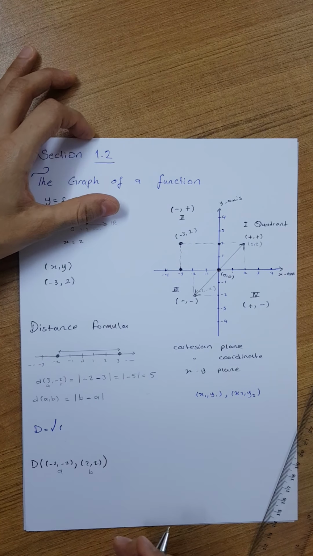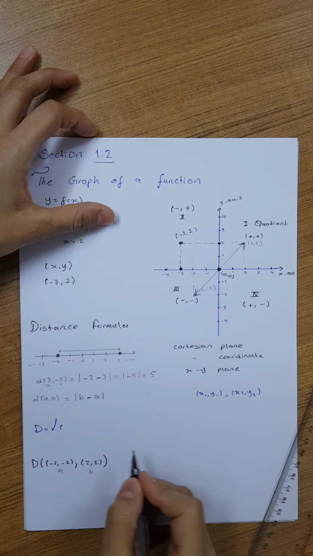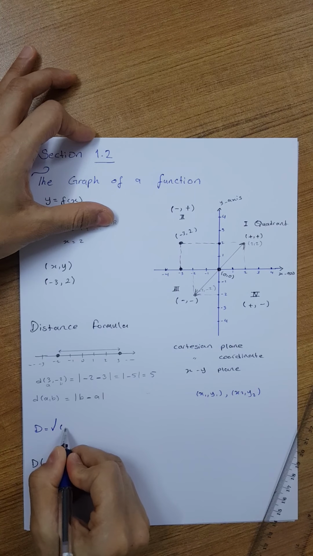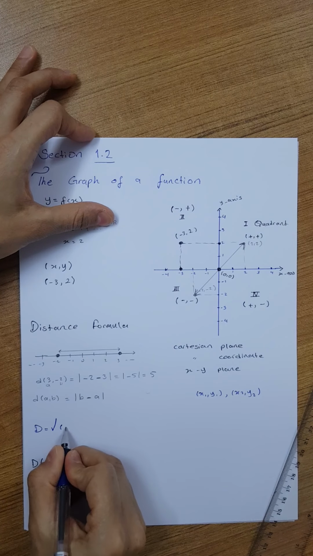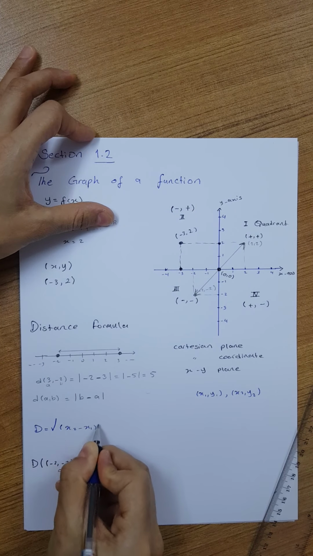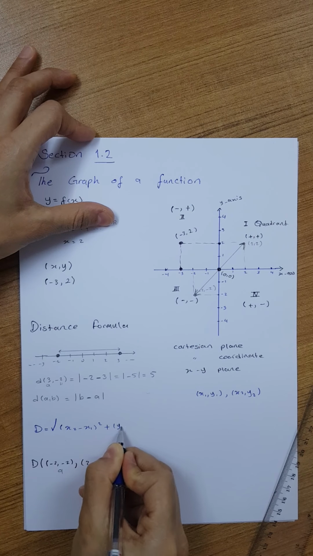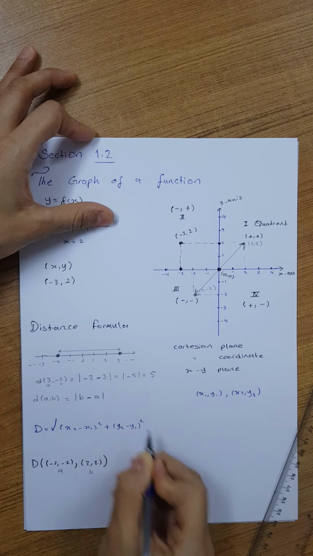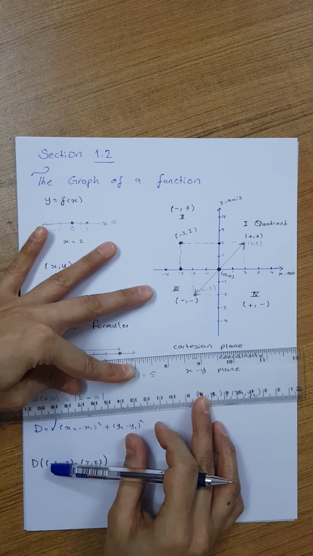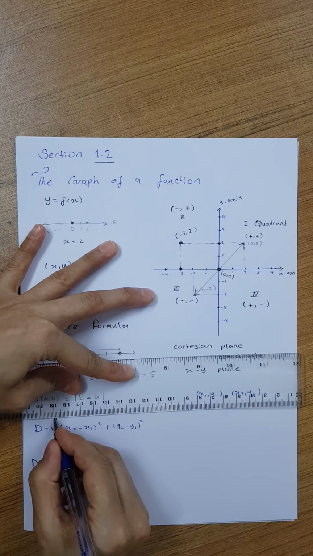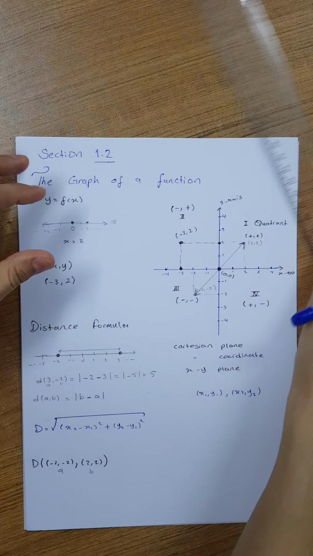It will still give you the same result, okay? So if I have got 2 points, I'll find the distance between this point and that point as the square root of (x2 minus x1) squared plus (y2 minus y1) squared. Okay, so that is the distance formula, and these are all under the square root.